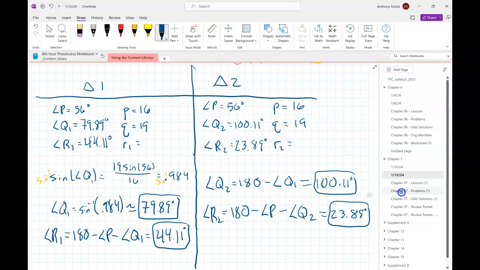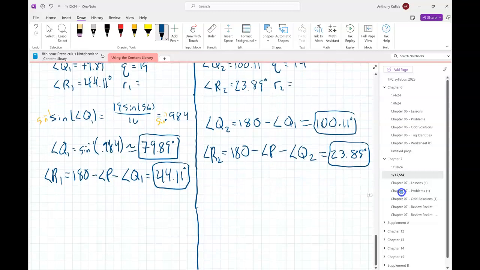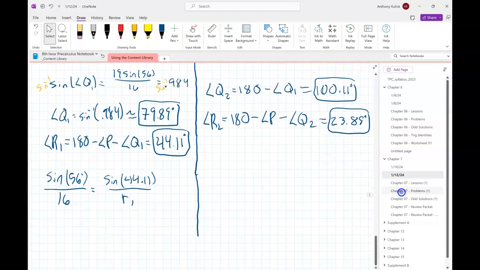Still doing okay? All right. And then my last step, now I'm going to switch back to triangle 1 and solve for side R1. To do that, I'm going to use the law of sines. So I'm just going to use sine 56 over 16. That's angle P over side P. And now I'm going to use sine of my new angle R1 over side R1.